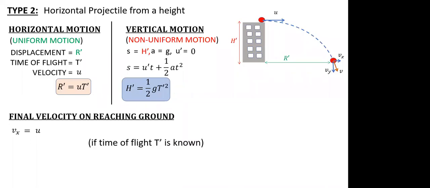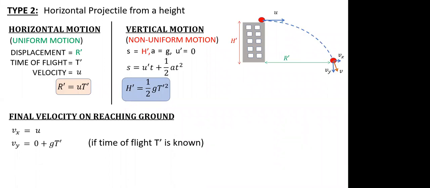But suppose the time of flight is known to us, meaning the total time the ball takes to reach the ground. Then I can directly say that for Vy, the final velocity vertically, I can apply v equal to u plus at.